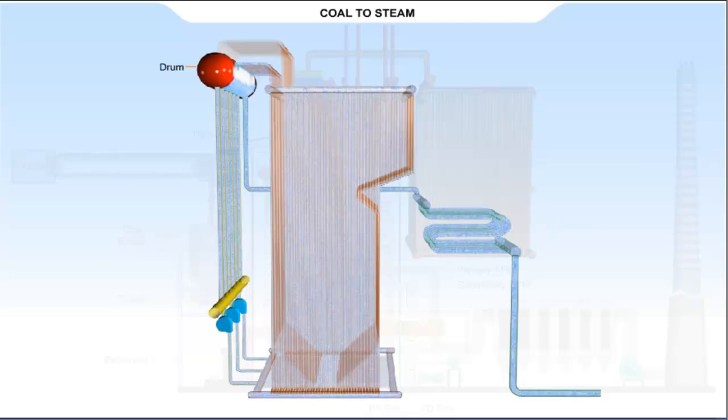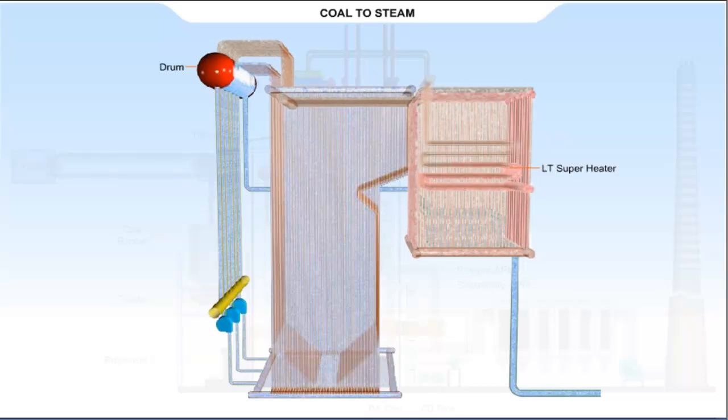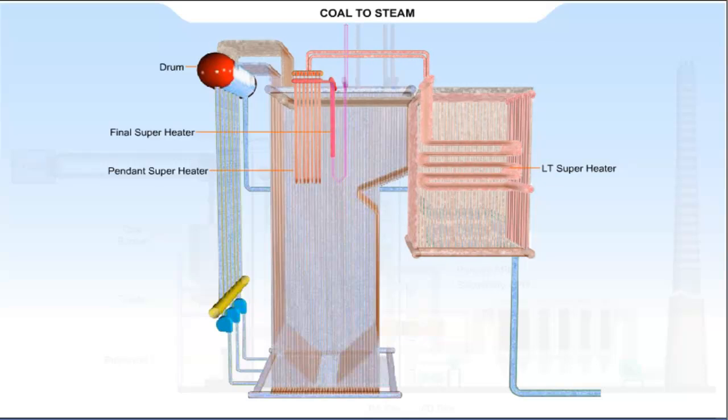Now, the saturated steam from the drum enters into the three stages of superheaters where steam is superheated. First superheater in the circuit is primary superheaters or low temperature superheaters. Then enters into the pendant superheater and finally passes through the final superheater before reaching the HP turbine.